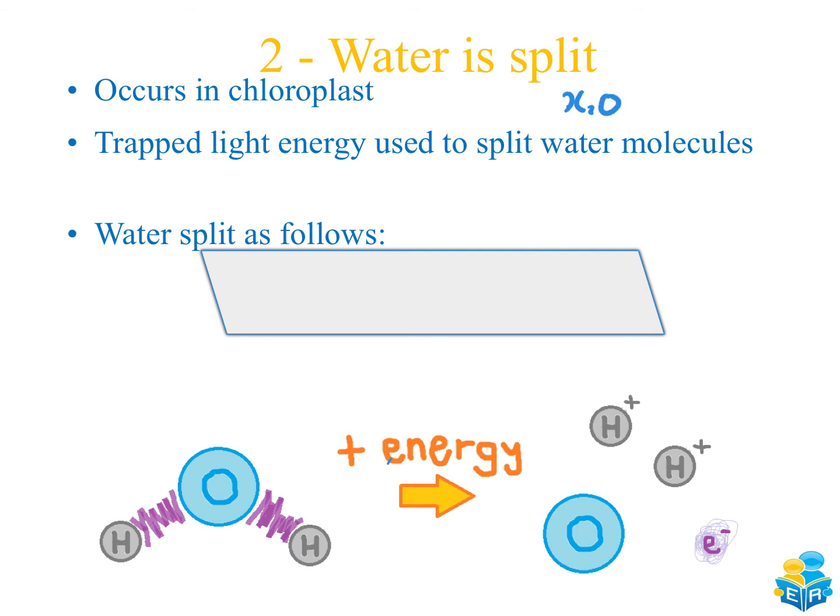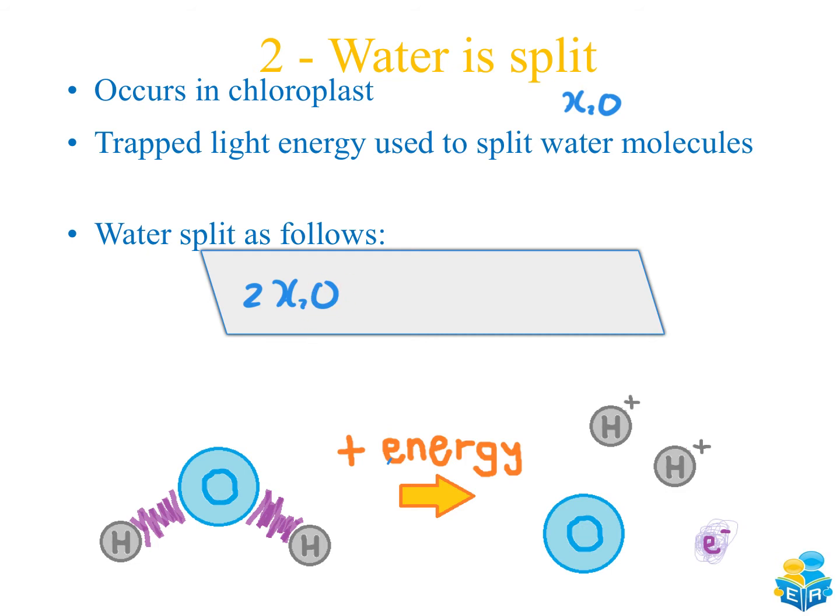We know that water is H2O, and that trapped light energy is going to split that H2O up into its individual components. So if we imagine that we have 2 water molecules, 2 H2Os, in total we're going to have 4 hydrogens, because we have 2 sets of H2, and we're also going to have 2 oxygens.